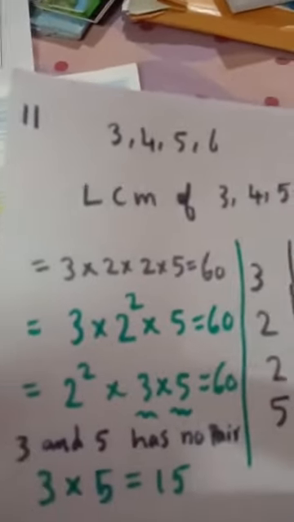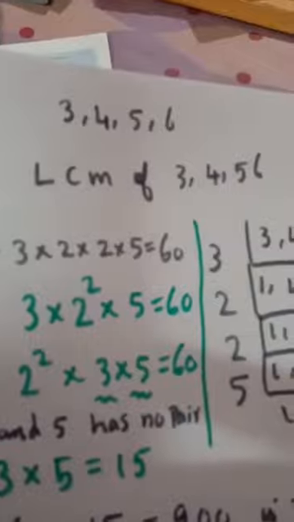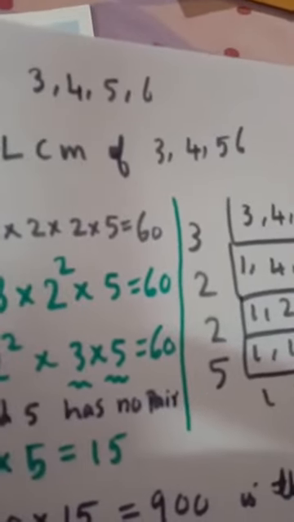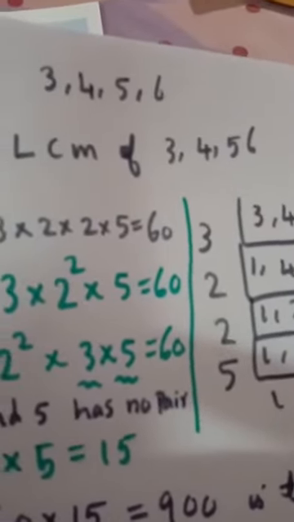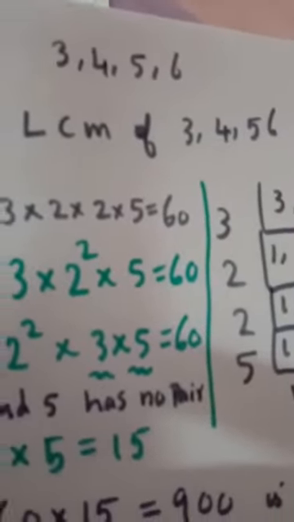Next, 10th question you can do yourself. That is 13 and 31 is a strange pair of numbers such that their squares 169 and 961 are also mirror images of each other. That means here you see, 13, 31. 13 square is 169 and 31 square is 961. 169, 961.